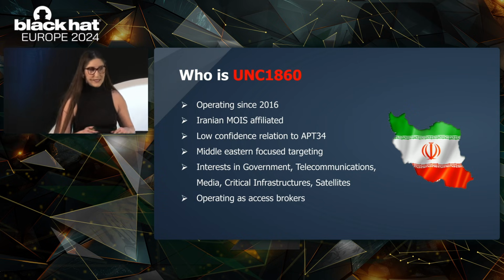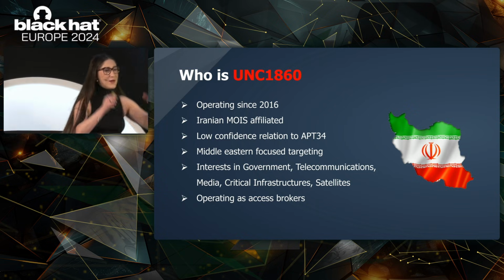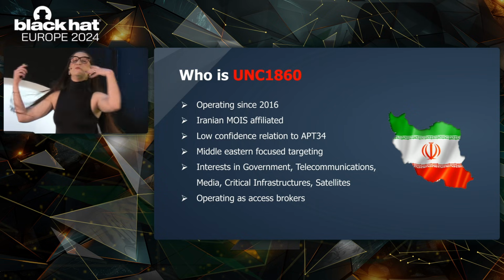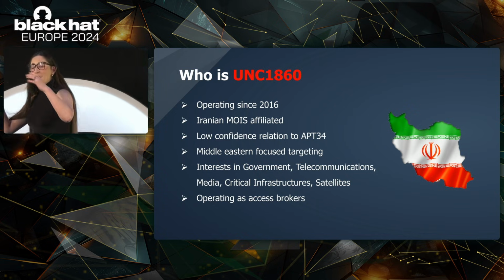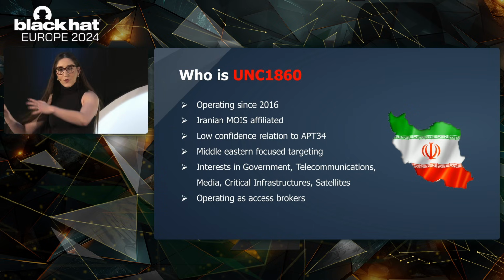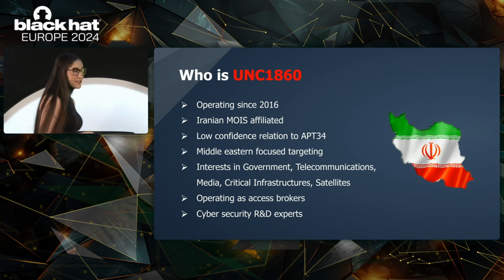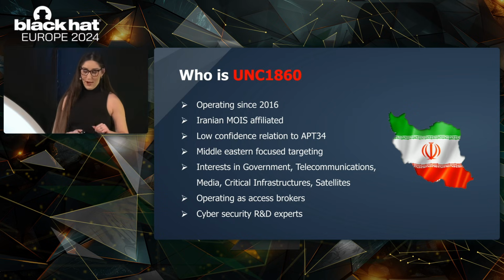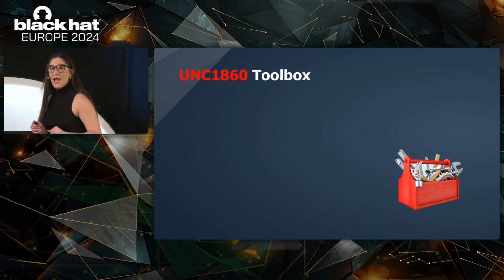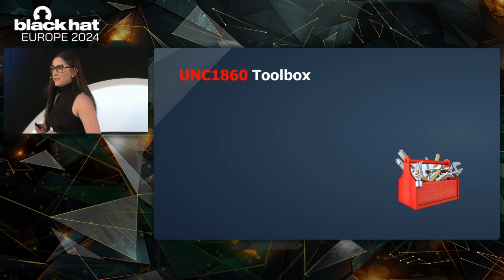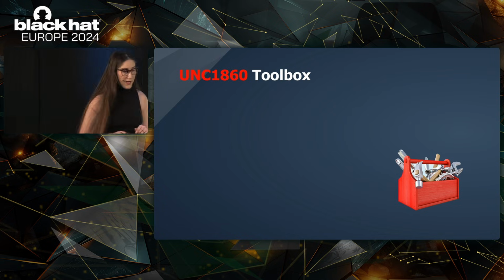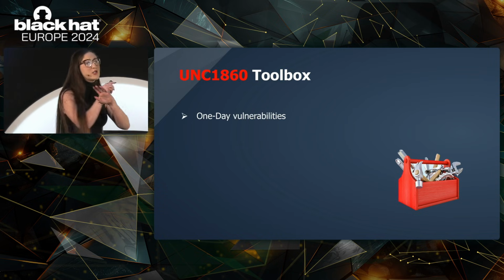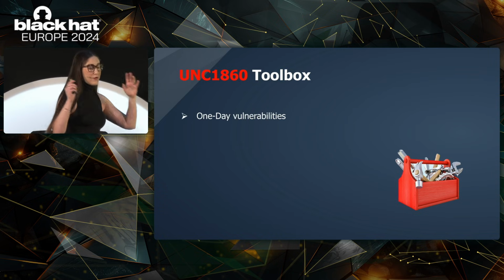UNC1860 operates both as their own independent group as well as an access broker for additional Iranian groups, and they are just phenomenal R&D experts in their craft. Now, a little bit of background into UNC1860's toolbox and techniques. This group exclusively relies on one-day vulnerabilities.